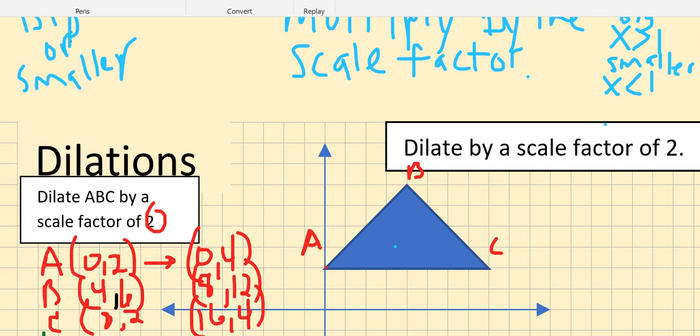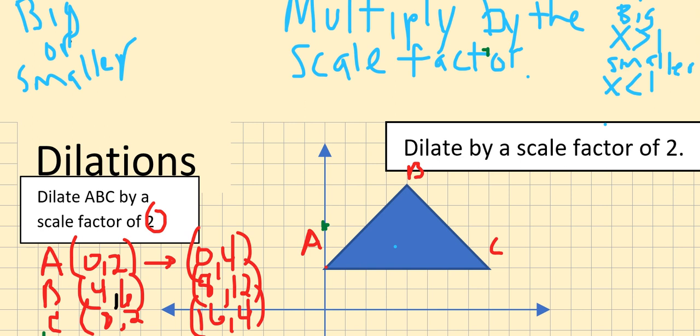And that's it. Plot the points, connect the dots.